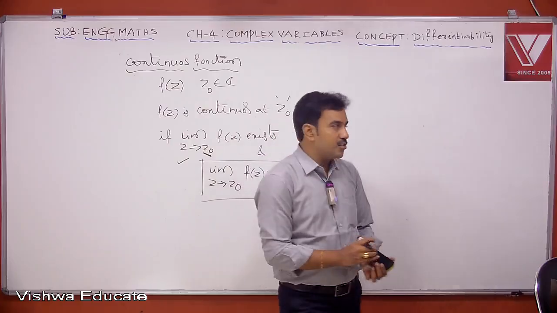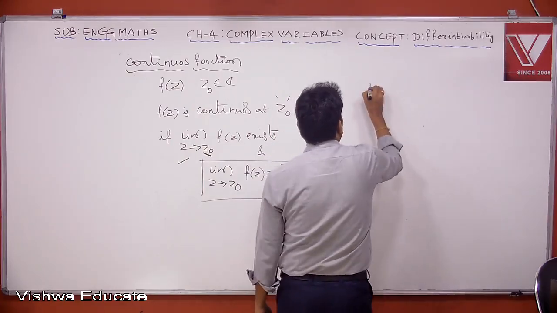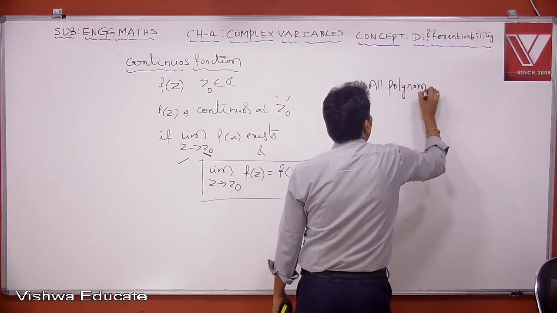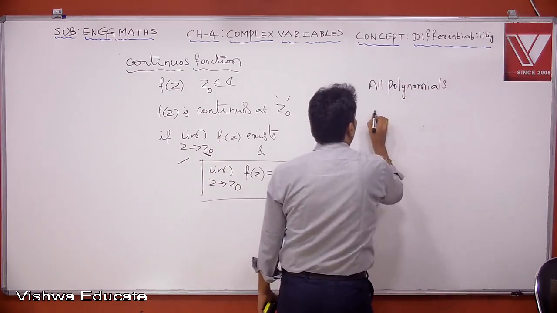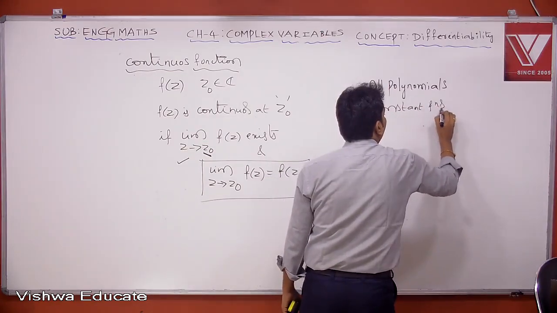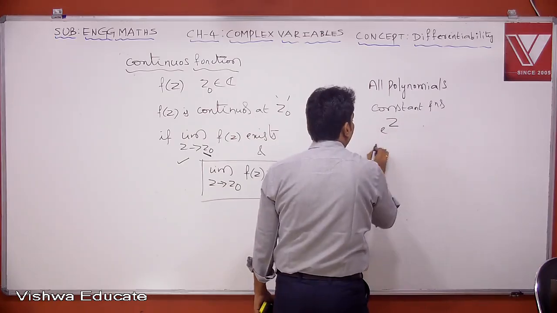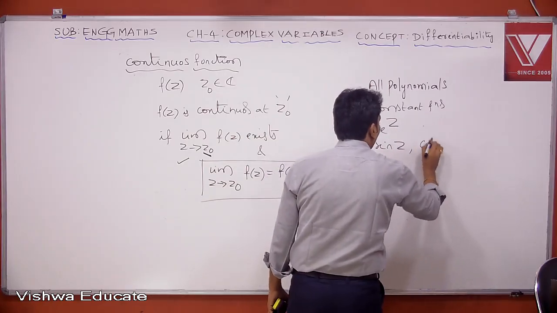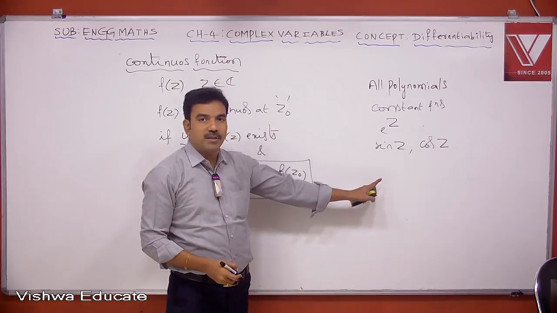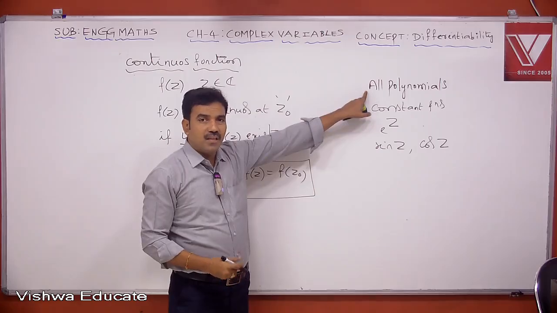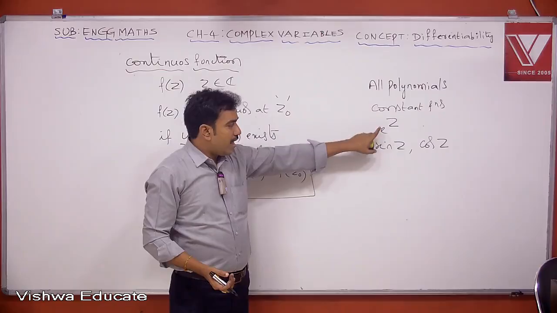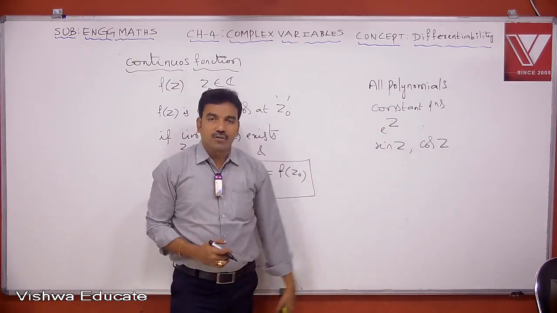Similarly, when you look at this in the complex variables, all polynomials, constant functions, e power z, sin z and cos z, all these are continuous at all points in the entire complex plane. All polynomials, they are differentiable, they are continuous. Here also constant functions, exponential function, sine function, cos function.